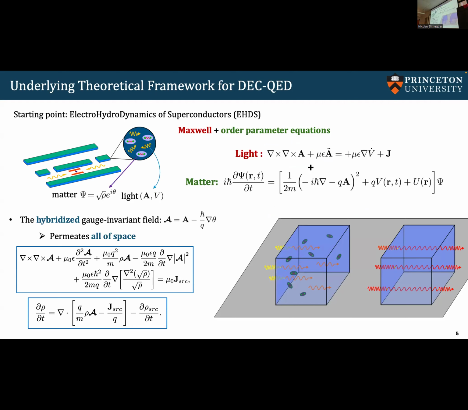So taking all this into consideration, a starting point that we felt is effective is an effective field theory, which we call the electrohydrodynamics of superconductors, that essentially just couples Maxwell's electrodynamics with the order parameter equations describing the superconducting condensate. And here A and V are just the usual scalar and vector potential, and psi here is the macroscopic order parameter that can be thought of as the wave function of the entire collective condensate as a whole in the device.